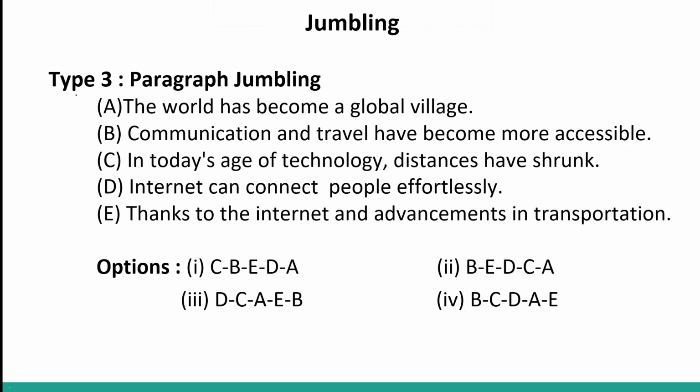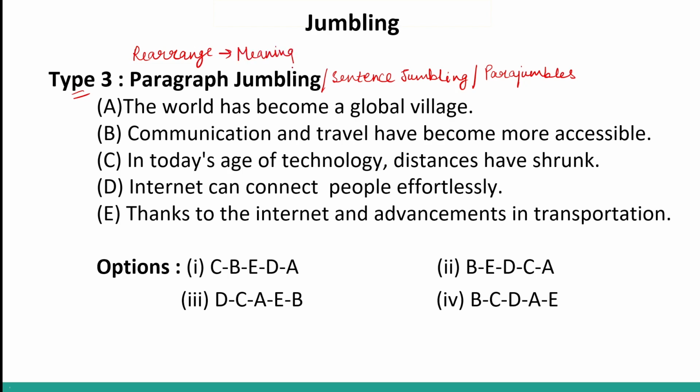The next type of question is paragraph jumbling. It is also known as sentence jumbling, and also as para jumbles. Basically, in this type of question we are given certain sentences. Over here we are given 5 sentences, and we have to rearrange them to form a meaningful, also known as coherent, paragraph.